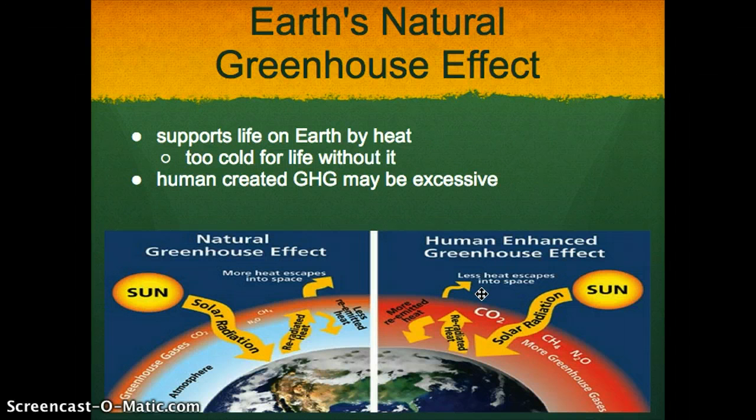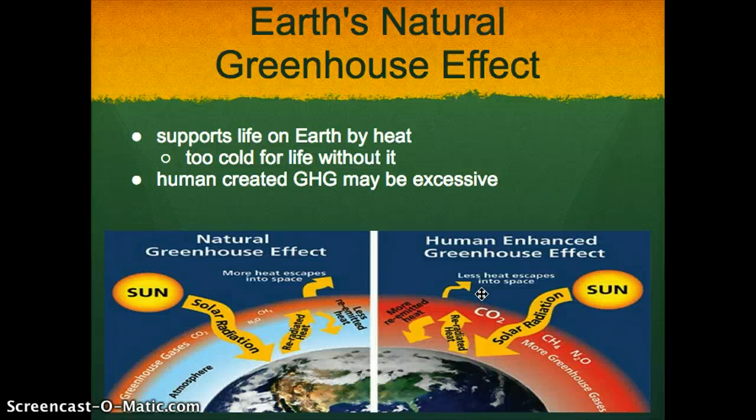The Earth's natural greenhouse effect. So basically, we have this greenhouse effect that we'll go into detail a little bit later, but the solar radiation that comes into our Earth is sometimes reflected off the clouds and the atmosphere, or it stays in the atmosphere. And this supports life on Earth because it retains heat, and if we don't have this natural effect, the Earth would be too cold for life to survive.